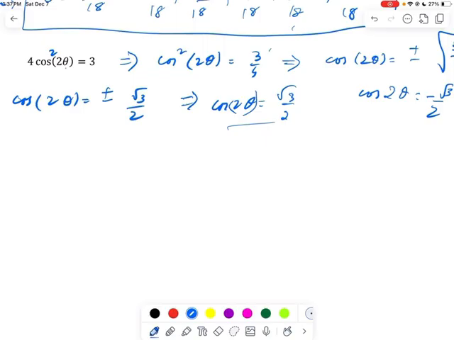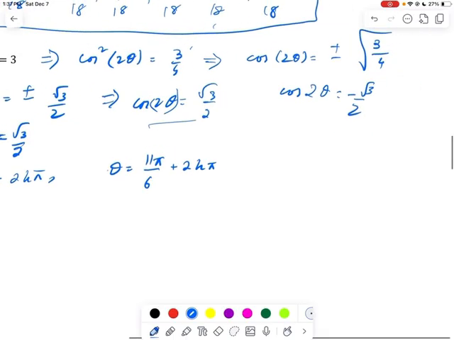Okay, so looking at the first equation, cosine of 2 theta equals square root of 3 over 2. Remember, this will happen when 2 theta is pi over 6 plus 2k pi, or 2 theta is equal to 11 pi over 6 plus 2k pi.